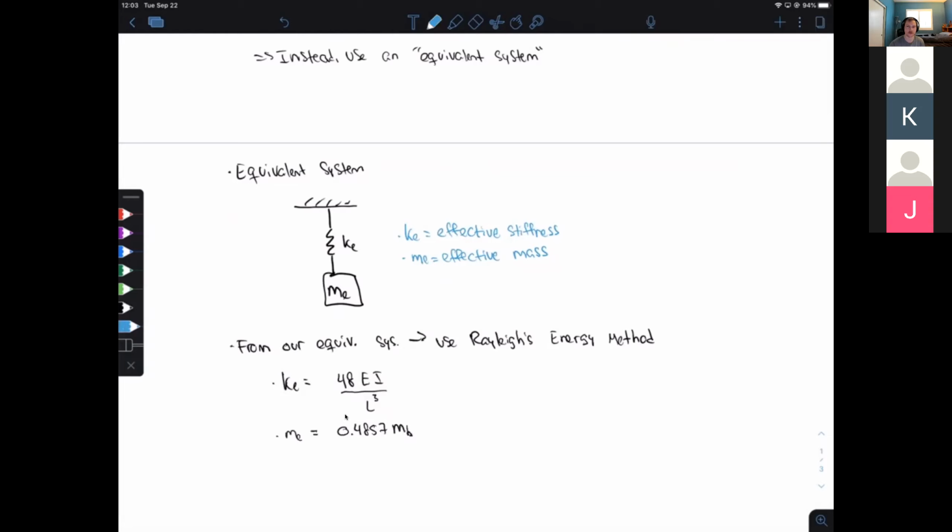You probably know what everything stands for, but we'll be thorough. So E is going to be our modulus of elasticity, or Young's modulus, whatever you want to call it. That's going to be a property of the material that we have for the beam.